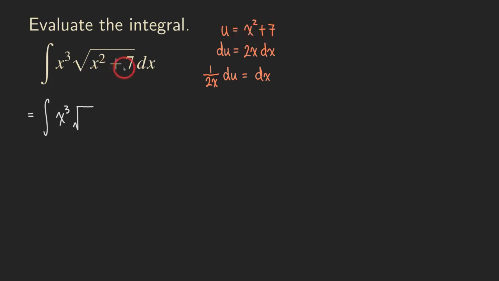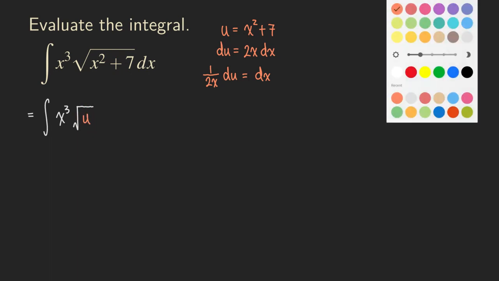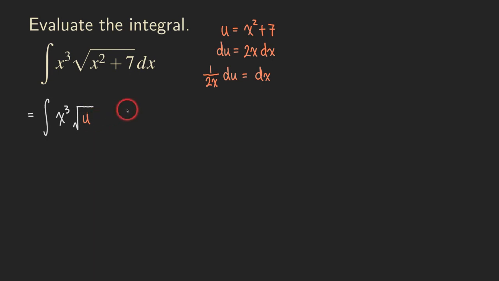So now I'm going to replace the x squared plus 7 with u. And then there was also the dx that we need to replace, which is this expression right here, 1 over 2x times the du. So we are going to get 1 over 2x and then times the du.